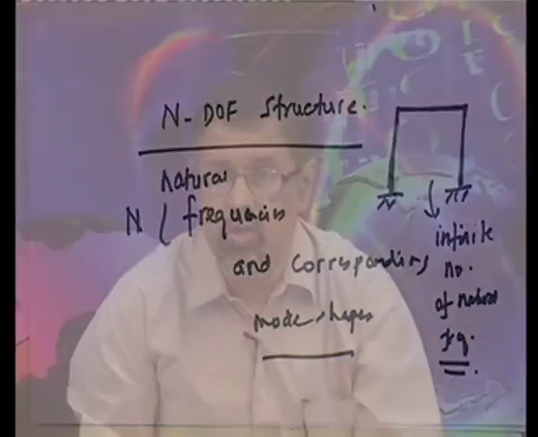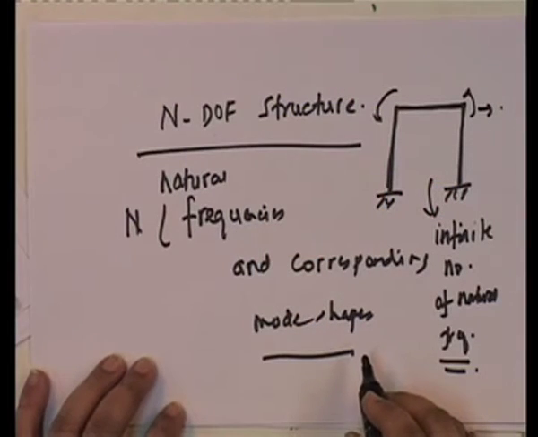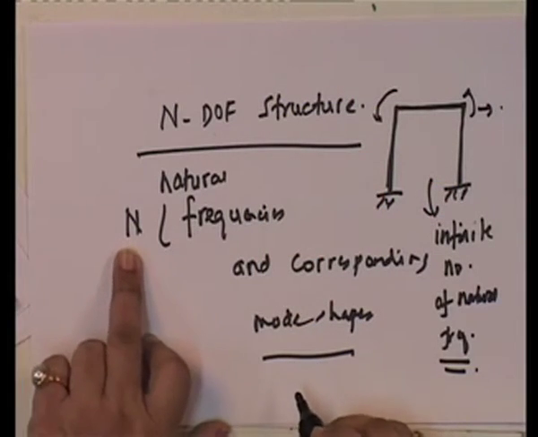I am going to actually solve continuous systems, and I will show you that in reality there are infinite number of natural frequencies that any continuum structure has, any continuum structure. Okay, if it's a rigid body, if it's a system of rigid body assemblages, they don't have infinite. Okay, but any continuum structure, and remember, a framed building is a continuum. Okay, so therefore, when we take it as a 3 degrees of freedom, okay, I get only 3 natural frequencies.